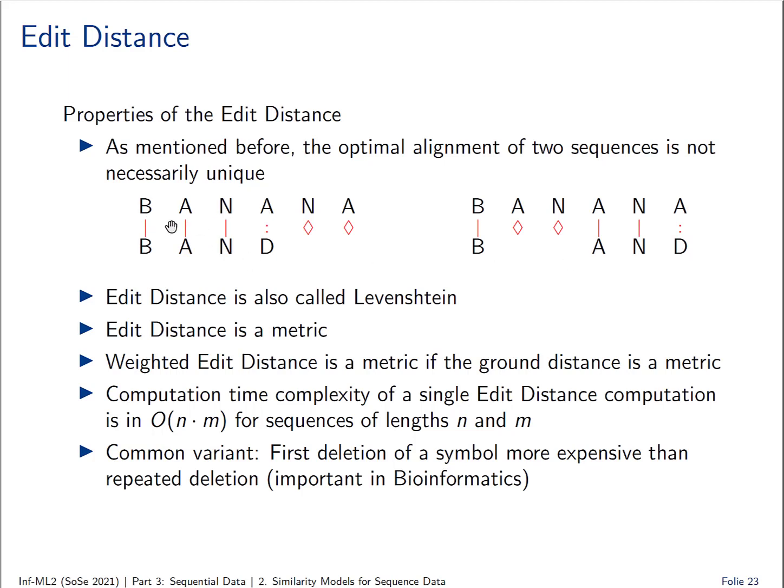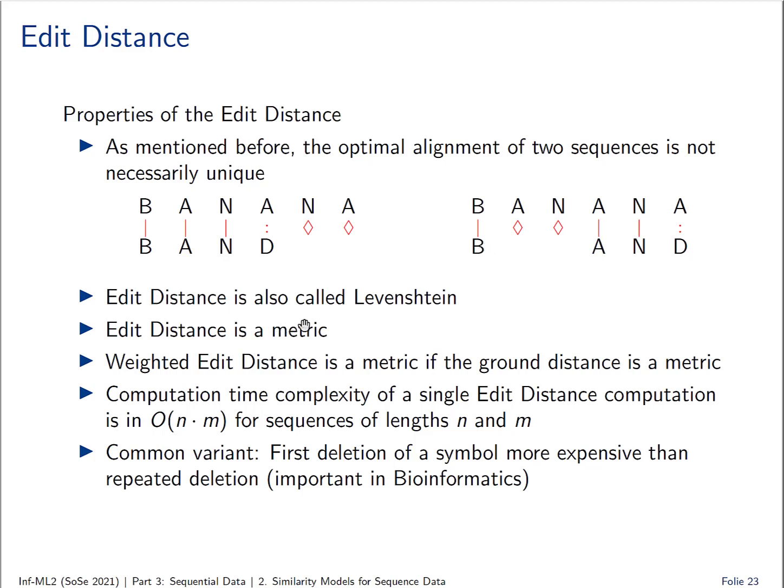Here we have the three matchings and the three edit operations, like replacement, substitution, and two deletions, and the same here, which is a different alignment, but we also only have three edit operations, three matches and three, so in that case two deletions and one substitution. But we talked about that before. Just don't get confused.